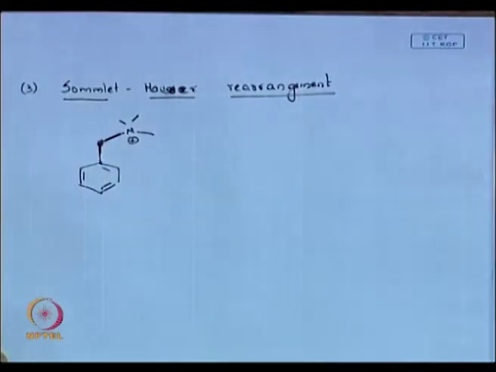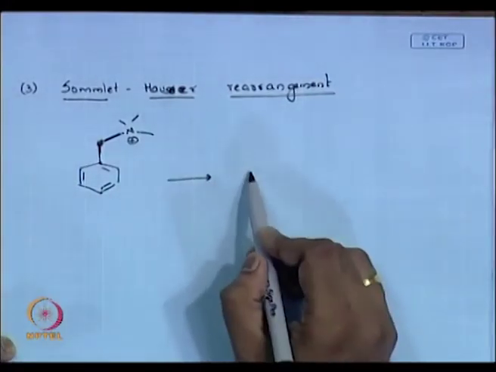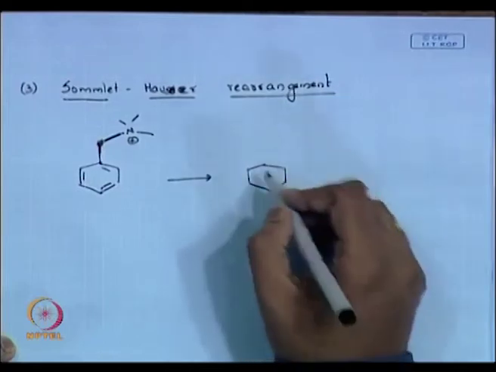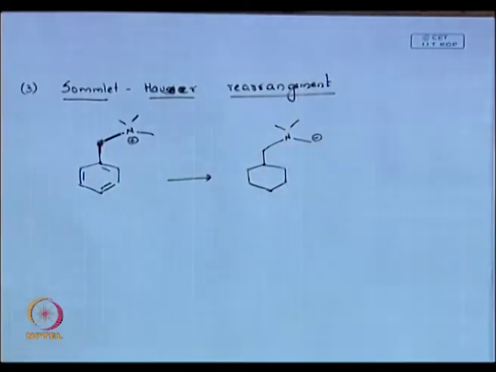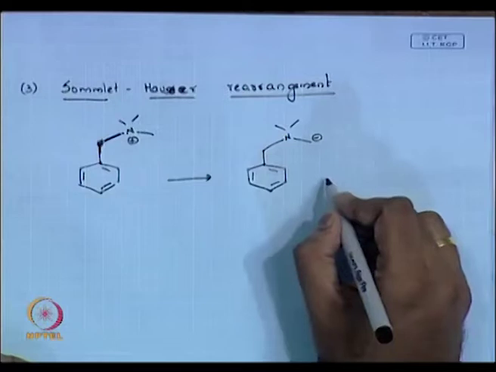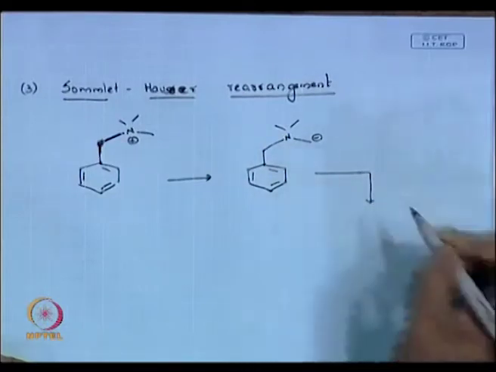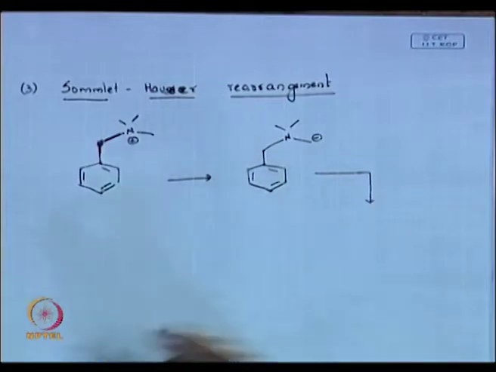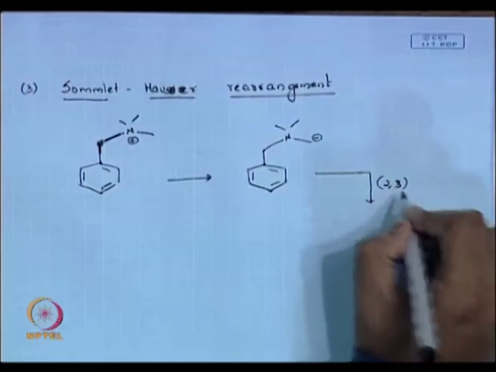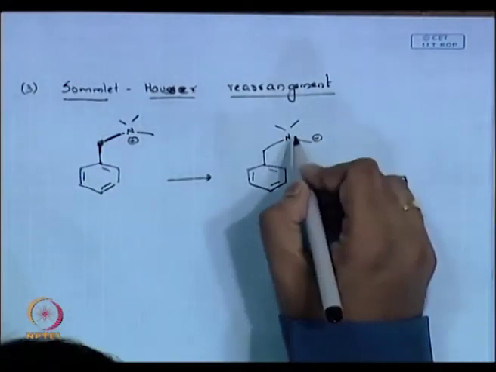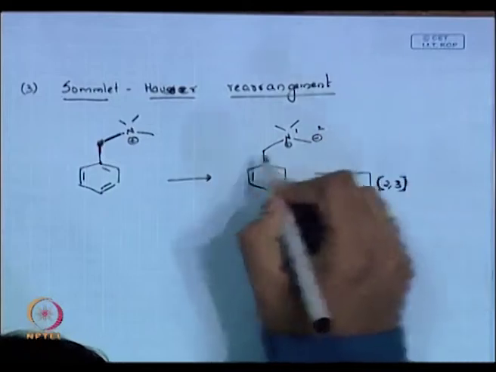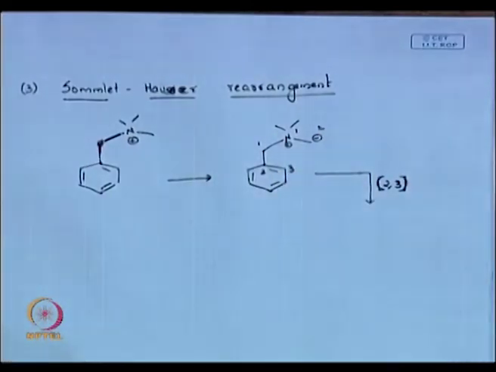Take a type of quaternary salt, and now we can create an anion. Create an anion here. Fine. Now can you number it? It is again 2 comma 3, right? 2 comma 3 sigmatropic shift. So its positive charge is always there. 1, 2, 1, 2, 3. Okay.